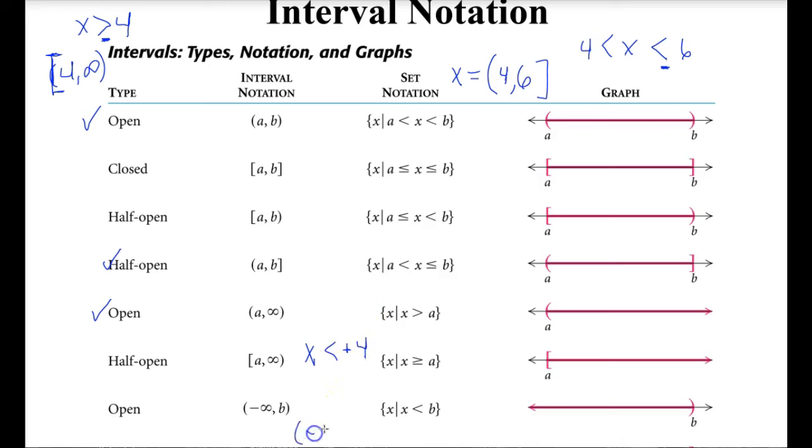So then we would go negative infinity and then 4 and then a parenthesis like that. So these are the basic rules about writing sets of numbers in interval notation. We're going to move on to the next page and do some examples.